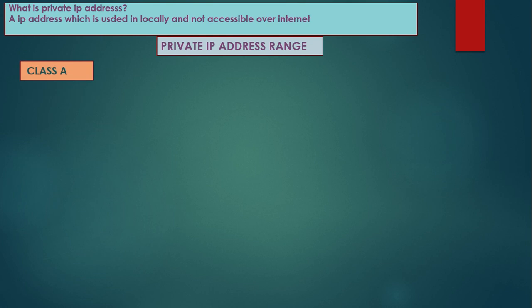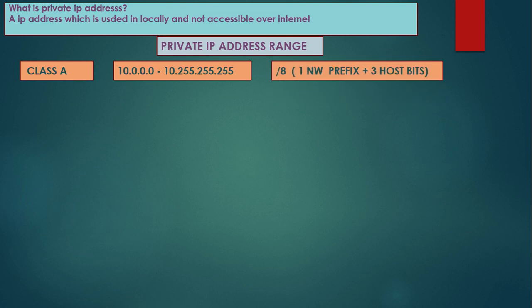There are some ranges of IP addresses fixed for private use. From Class A, they took the 10 series totally and fixed it for private IP addresses. For this, the network prefix is 8 bits and there are 3 host octets, which means 24 host bits.